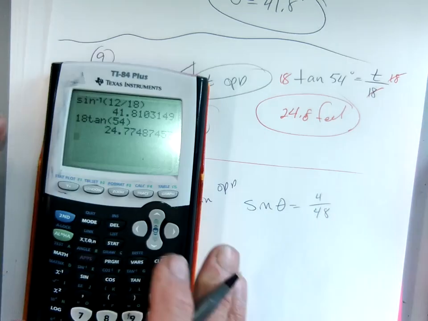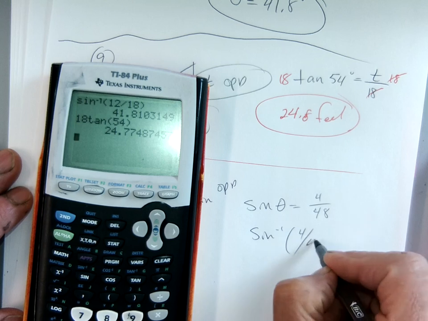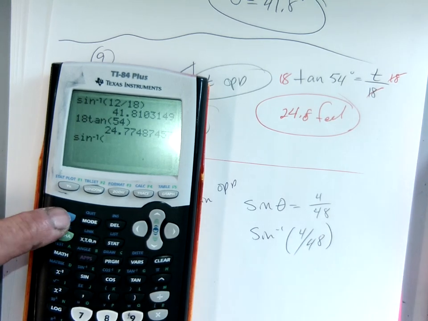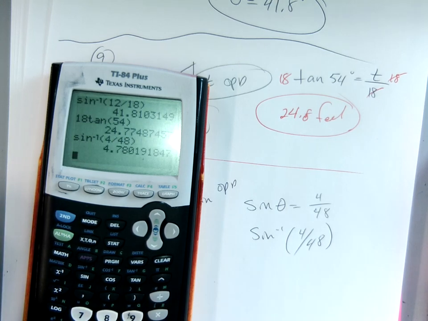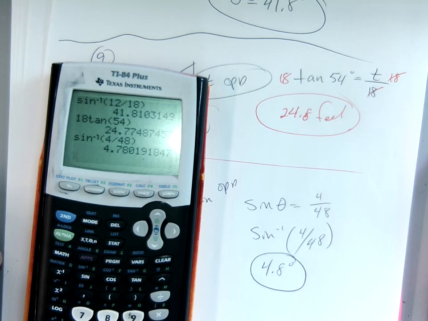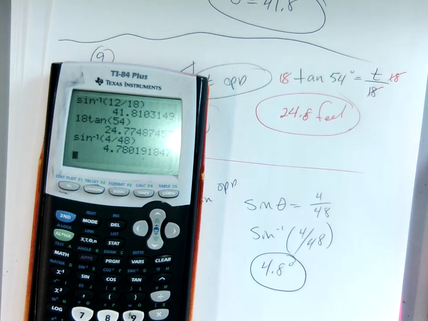All right. Sine inverse, right? Sine inverse, because I need the angle. All right. Sine inverse of 4 divided by 48. About 4.8 degrees. There you go. That's pretty close to code, I think.